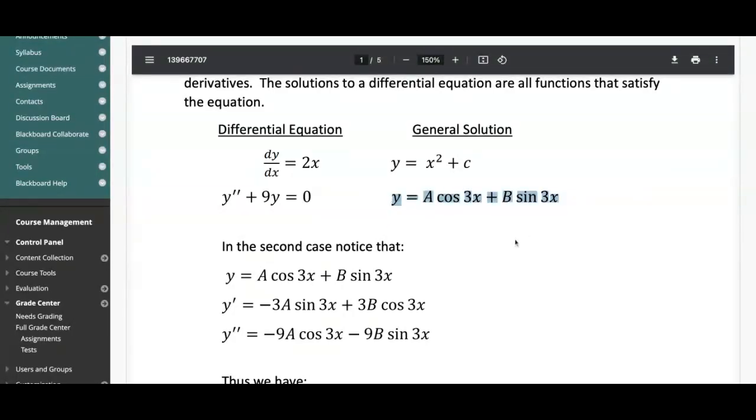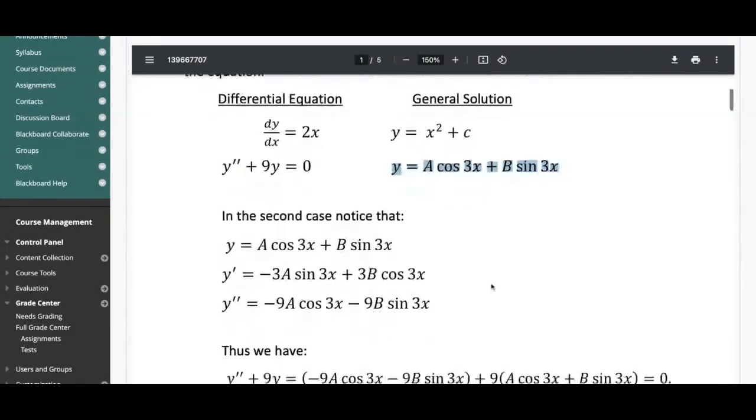And the solution will be something like this: a cosine 3x plus b sine 3x. So a and b are representing some numbers. So again, we see a family of functions as a solution.